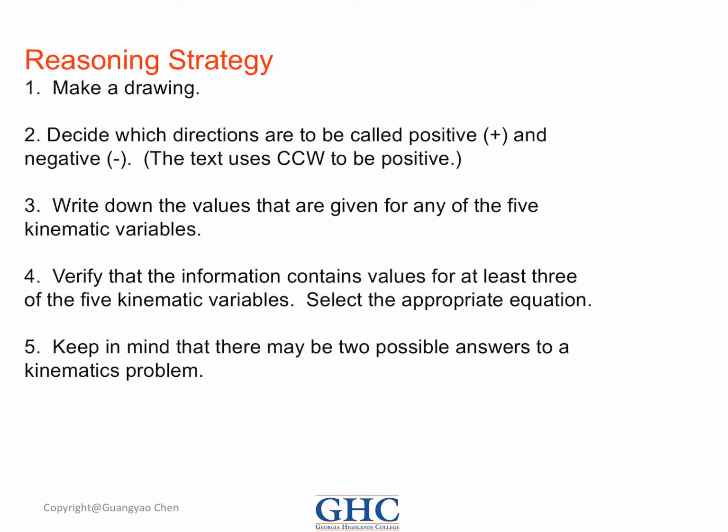So here's what we should do for rotational kinematic problems. First of all, you need to make a drawing, and you need to decide which direction is positive. Usually we take counterclockwise rotation to be positive and clockwise to be negative. Then you need to write down the values that are given in the problem. There are at least three variables given.